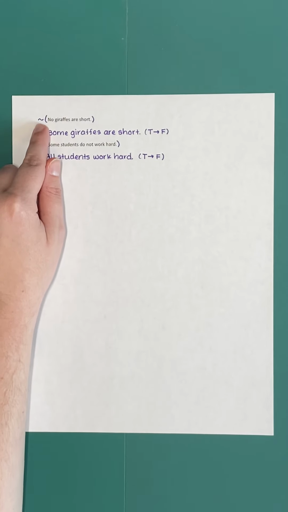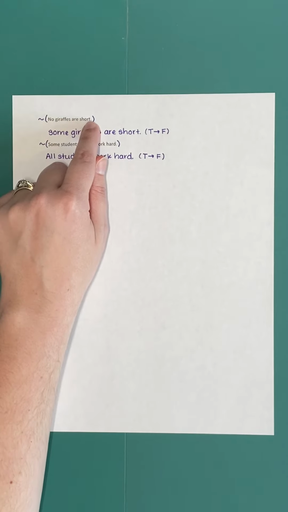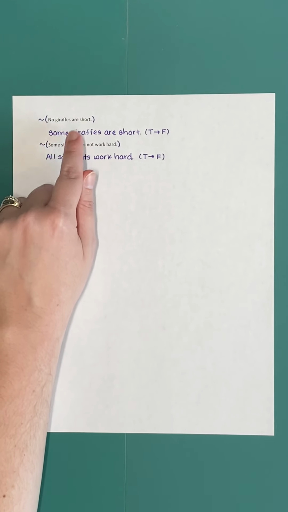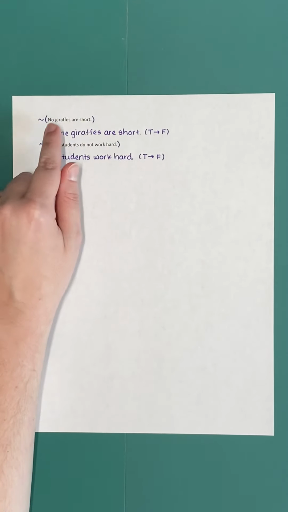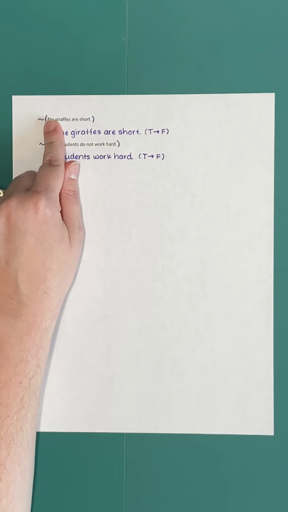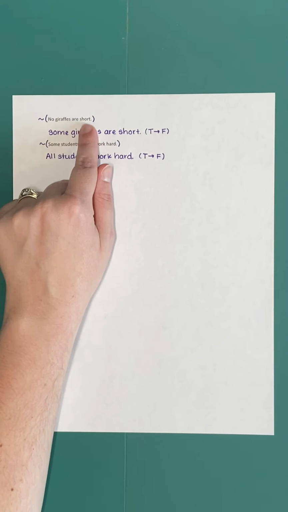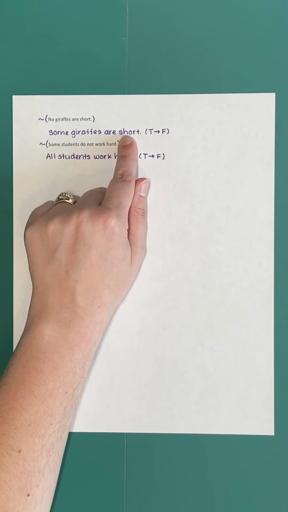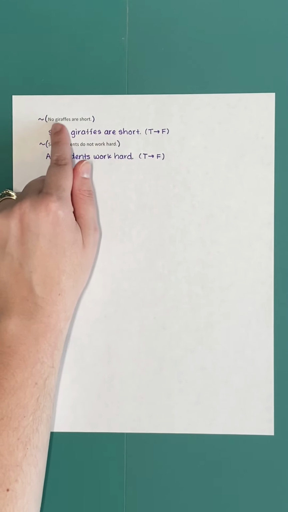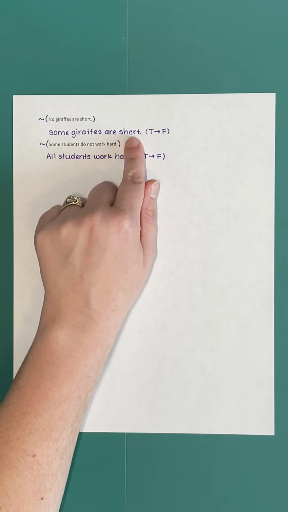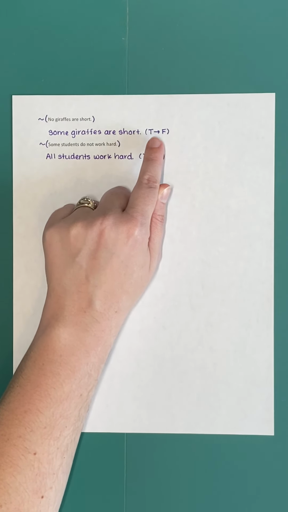So when we negate it, we're going to go to partial and positive. So no giraffes are short converts to some giraffes are short. No means all and negative. Some and are is positive. So, no giraffes are short becomes some giraffes are short. We go from a true statement to a false statement.